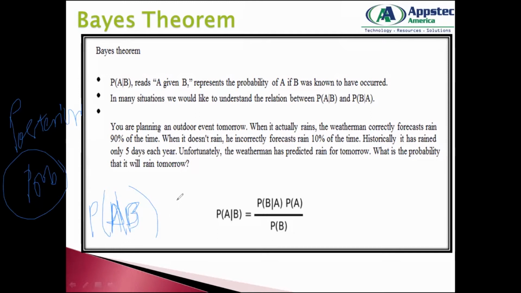We read it as p of a given b. This bar is read as given. That means the probability of a, what is the probability of a if b was known to have occurred? That's how we read it. If I'm trying to find the probability of an event a knowing that b has already happened, that's the meaning.